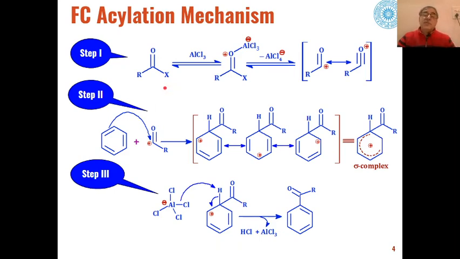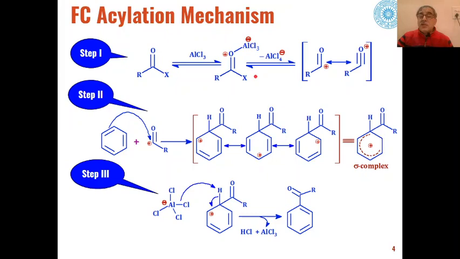The only difference is that in alkylation we used alkyl halides, whereas here we are using acyl halides or acyl anhydrides. In the first step, the acyl halide or acyl anhydride will react with the Lewis acid, and this type of intermediate will be formed where, because of the presence of these two lone pairs, it will share with the aluminum trichloride, and this oxygen will have positive charge and AlCl3 will have negative charge.